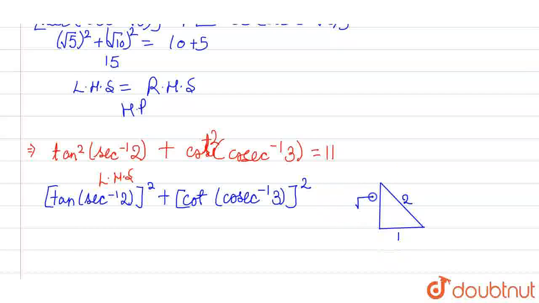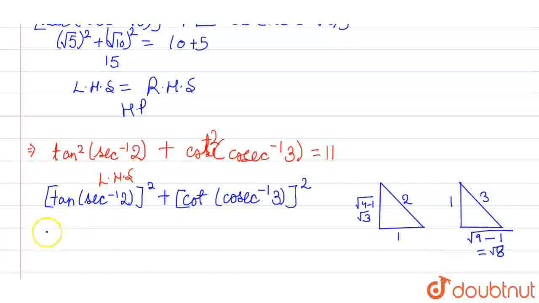Perpendicular can be calculated by 2 square minus 1 square, that will be equal to root 3. Similarly, for the second triangle, cosec inverse 3, cosec is hypotenuse upon perpendicular. This will give us the base as root of 9 minus 1, that is root 8.